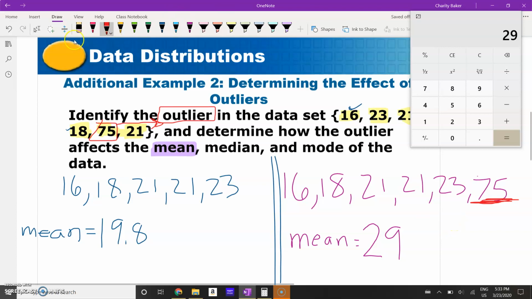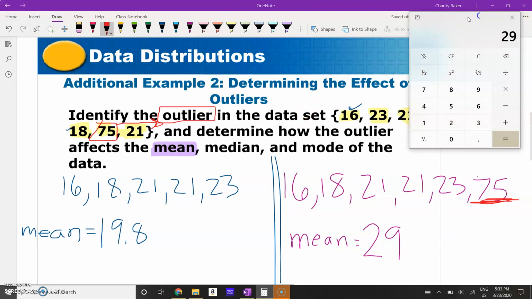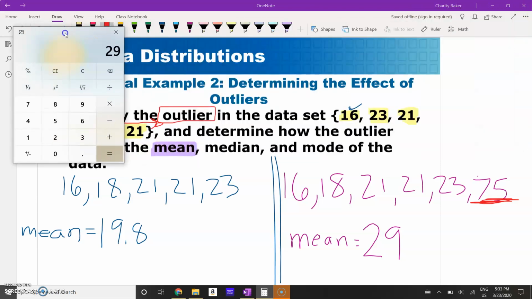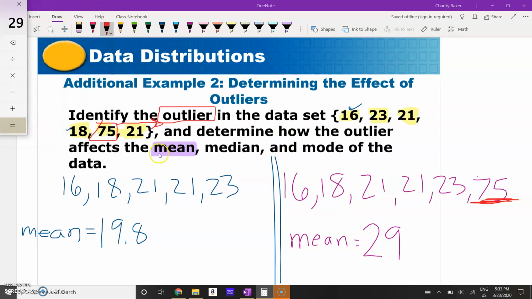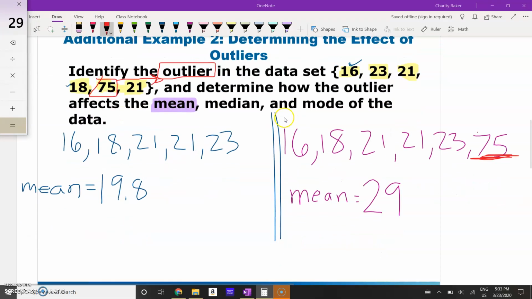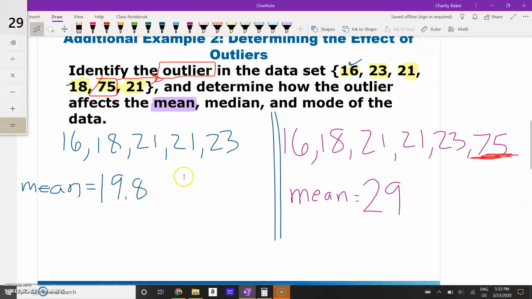Okay. So we're going to have to write about that a little bit. So we have to talk about what it did to the data because it says determine how the outlier affects the mean. We need to write about it. So let's say the outlier increases the mean.